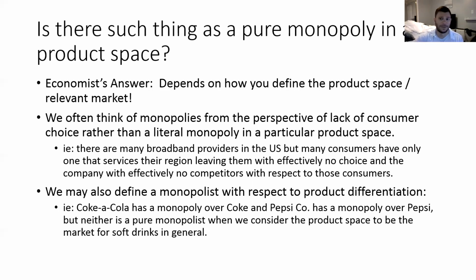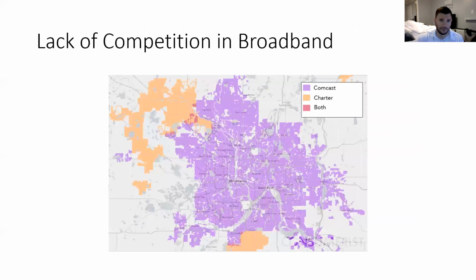Jumping back to the broadband picture, here is an interesting diagram from an article that you can find online that looks at the lack of competition in the broadband industry. And you'll notice in this picture, this is a map of Twin Cities and Minneapolis. And it shows us some broadband coverage from Comcast and Charter.